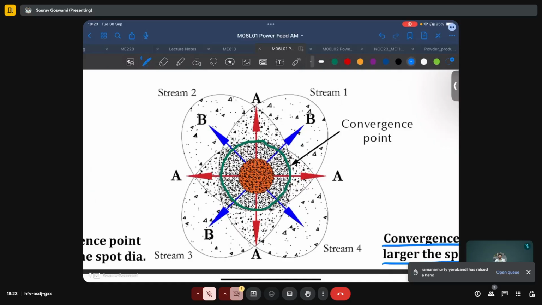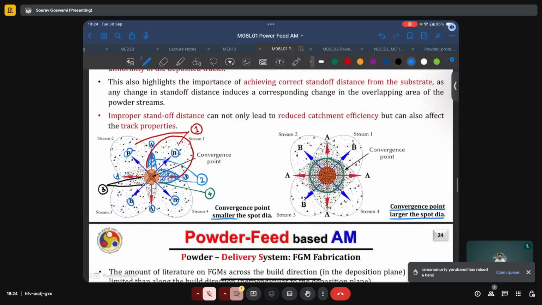And the laser spot shown in orange is smaller than this green region. And so, irrespective of whichever direction we move in, whether it is along the four cardinal directions or the other four directions shown by B, we can expect an omnidirectional nature of deposition.